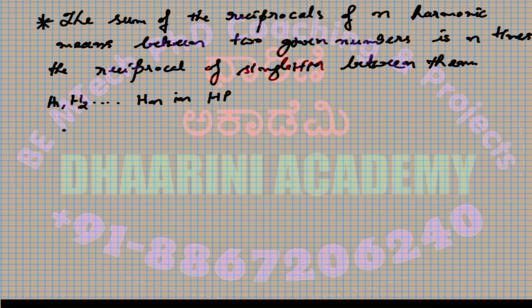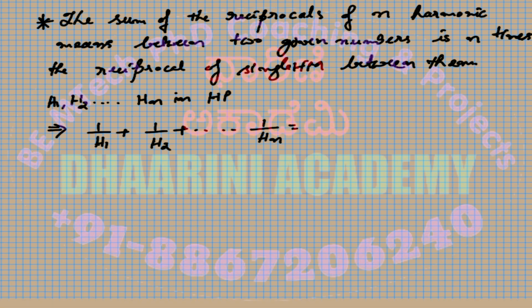Now let's come to the statement. The statement says the sum of reciprocals of n different harmonic means. What do you mean by that? It has to be 1 over h1 plus 1 over h2 plus up to 1 over hn. This is what we want to calculate, and we will prove that this is equal to n divided by the harmonic mean of a and b. That's what I should write, but anyway, we'll come back to it.